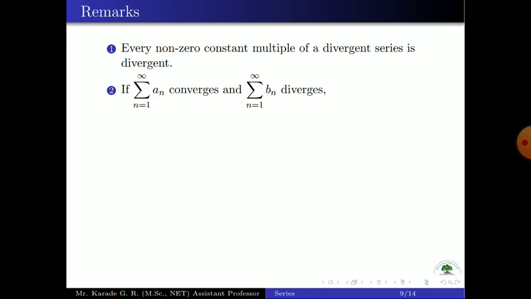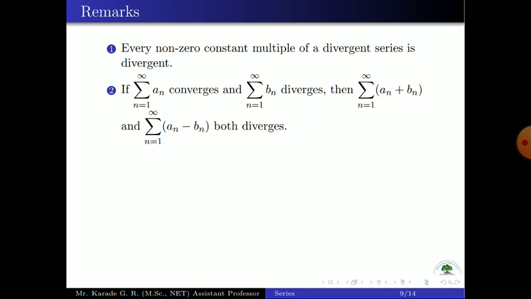If the series An, n runs from 1 to infinity, converges and series Bn diverges, then the addition of these two series, An plus Bn, and the series An minus Bn, n runs from 1 to infinity, both diverge.